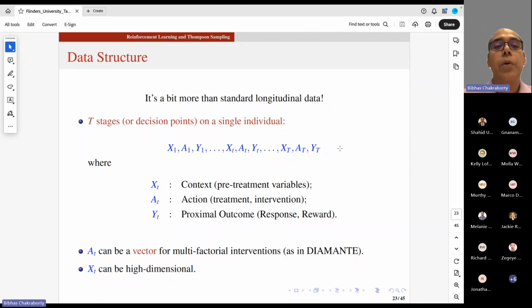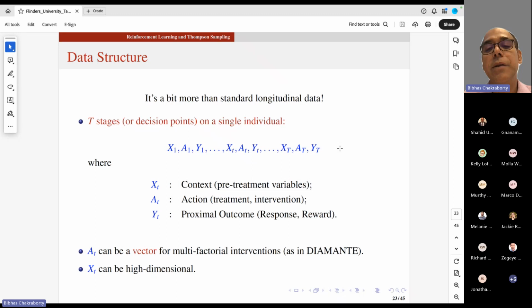All right, so the data structure is a bit more than the standard longitudinal data that we are all familiar with. Here, there are T stages or decision points on a single individual. We call them X1, A1, Y1, and so on, where XT is the context at time T, pre-treatment variables. AT is the action or treatment or intervention.